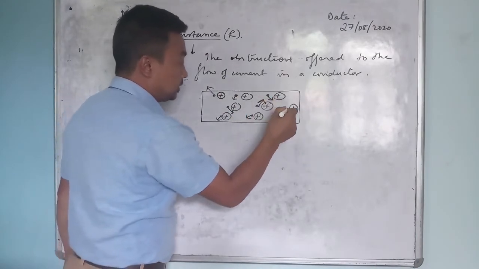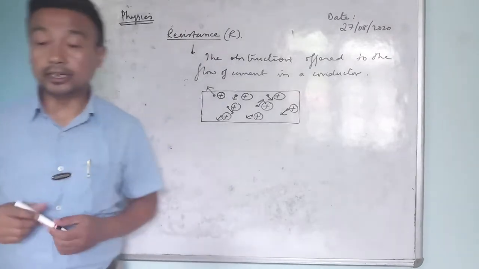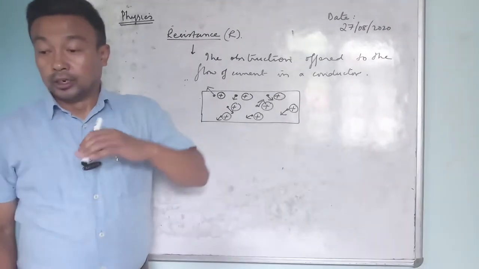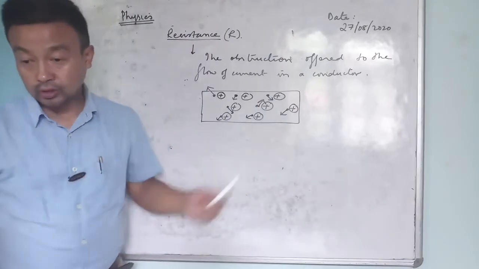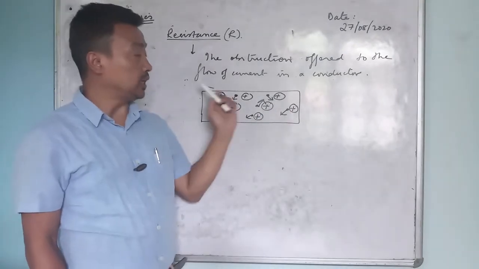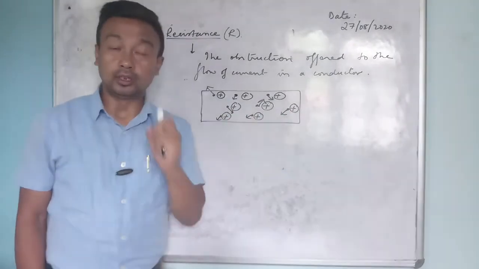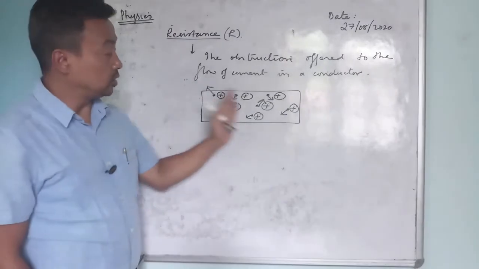The electrons move randomly in any direction, continuously. They do not follow any direction, so the end result is that no current will be produced.